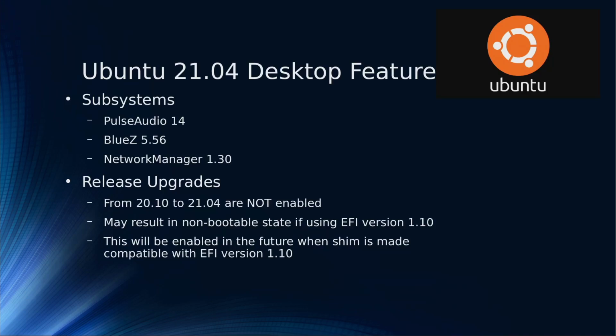And the reason for that is that you can result in a non-bootable state if you're using EFI 1.10. So look for a patch. Eventually, I think this will be supported. It's just a matter of making shim compatible with EFI 1.10. And once that has been accomplished, I believe they'll probably enable the release upgrade. So if you're attempting to do an upgrade from 20.10, it won't work. Sorry.